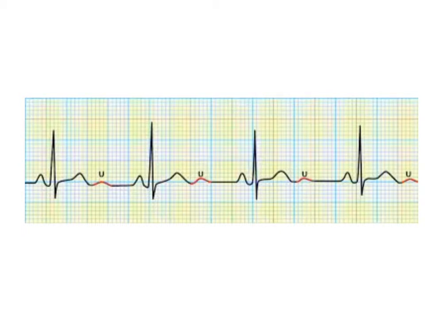Where's my P wave? My P wave is the first. My Q wave is actually not present there, but if it was, it'd be right here, okay? My R, my S, and my T. The last wave I want to show you guys is this guy right here. This is my U wave, okay? This is a very uncommon wave to get.